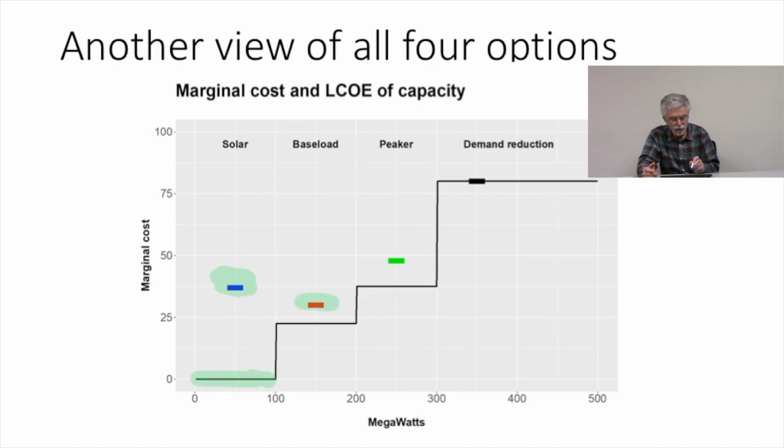For baseload, here's its levelized cost of energy, its long-run marginal cost, and its short-run marginal cost. For peaker and for demand reduction, they're the same. All right, so this is the stack of energy resources we have available for managing our grid services.